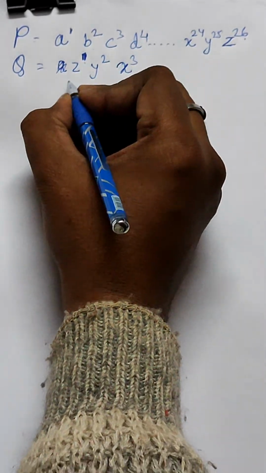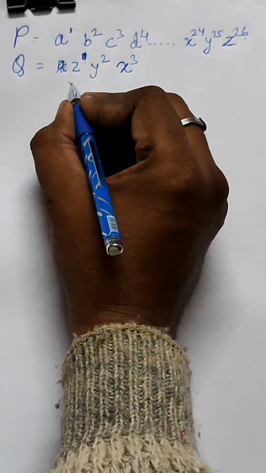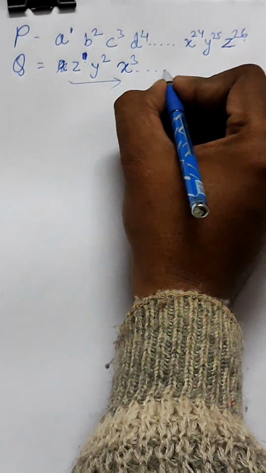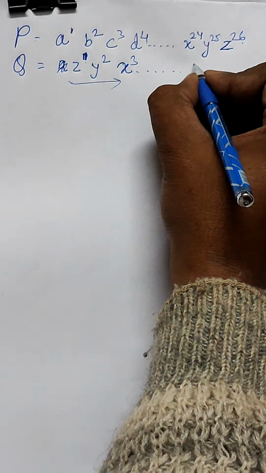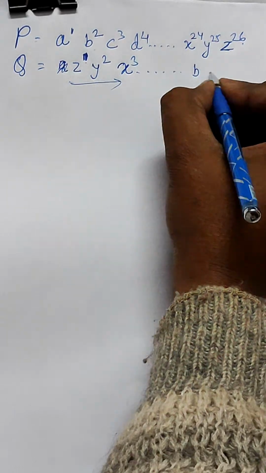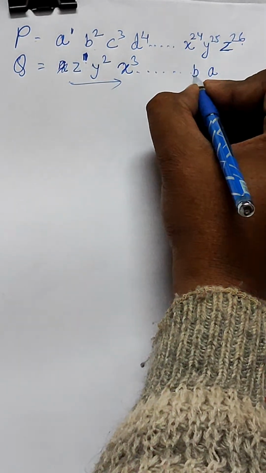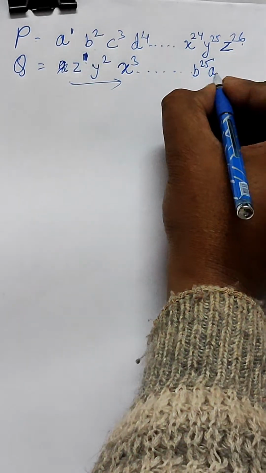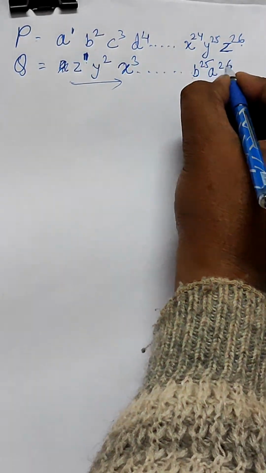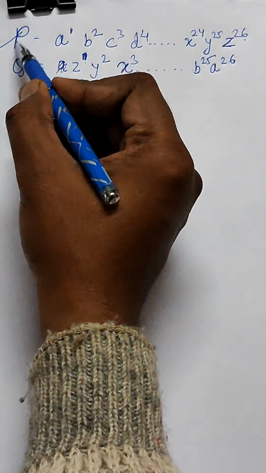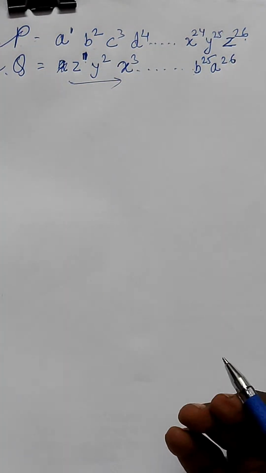You can see from a to z we are going in reverse order in this way, until in the last, second last, it will be b then a, and the power of b will be 25 and power of a will be 26. So these values of p and q are given to you, right?